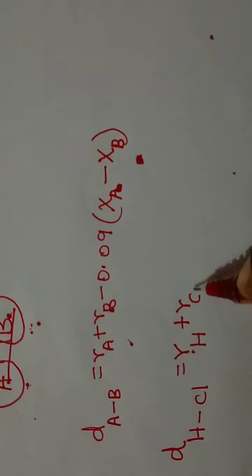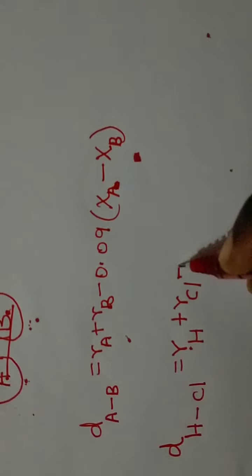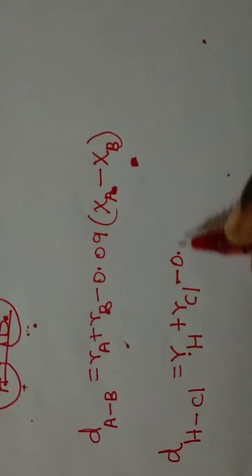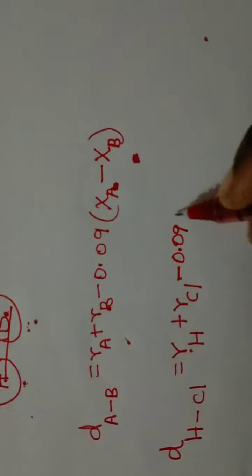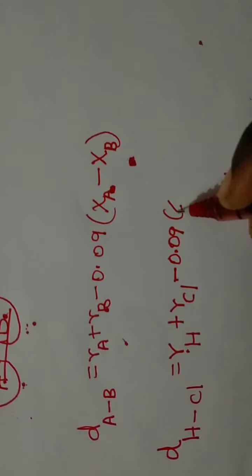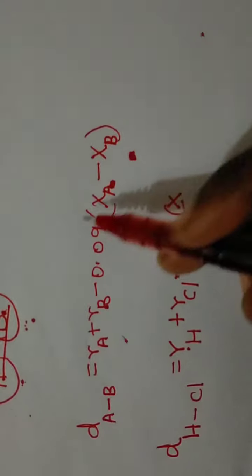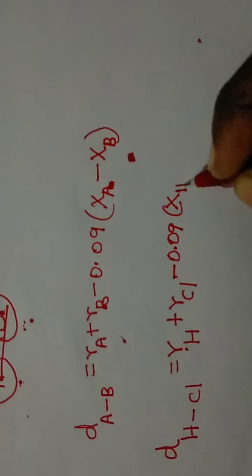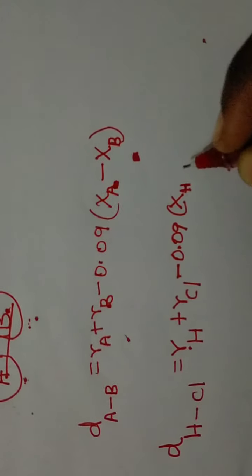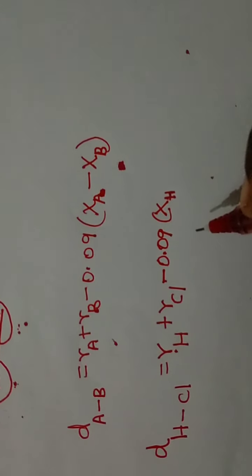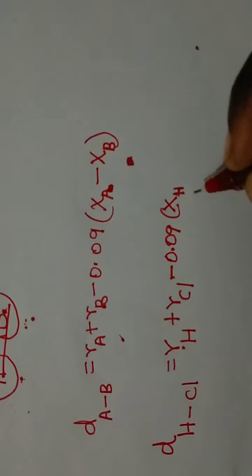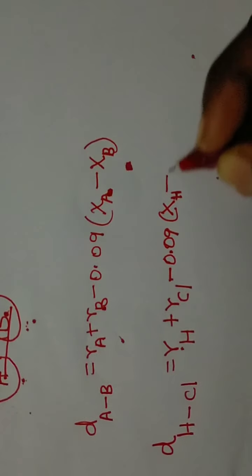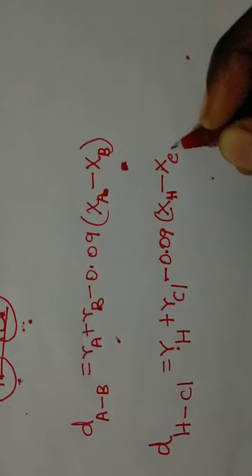Cl. Right, Cl. Then minus 0.09 into X_A. What is A? H. X_H minus X_Cl.